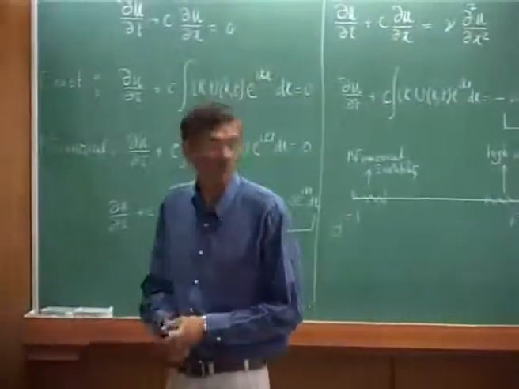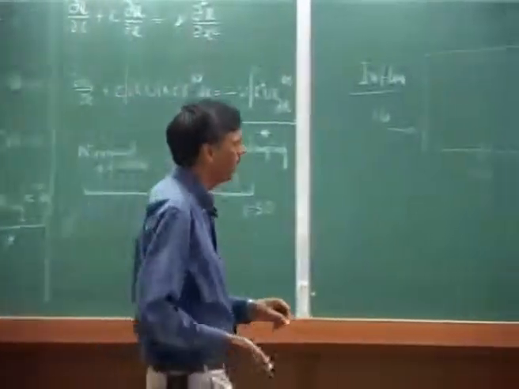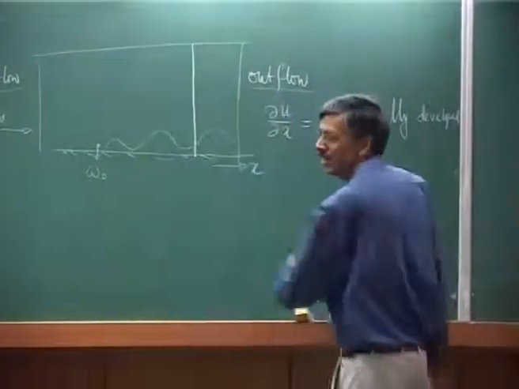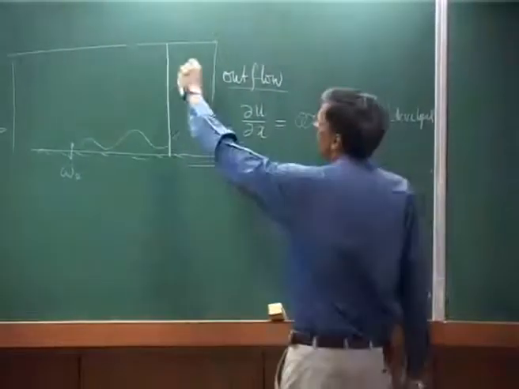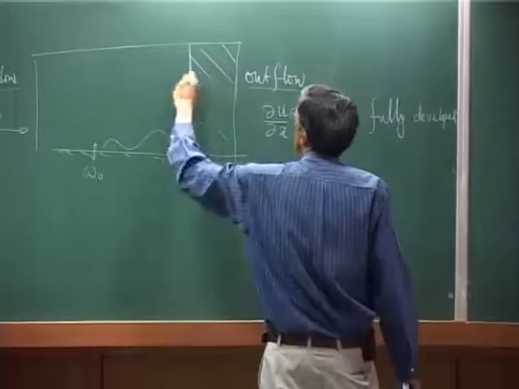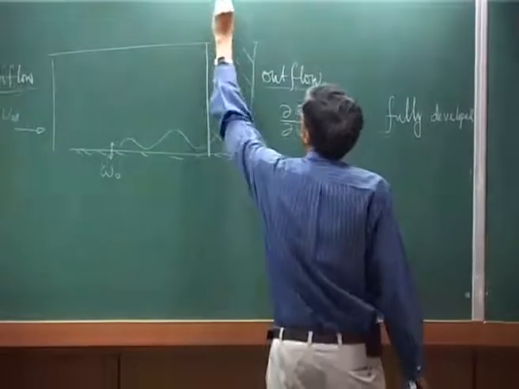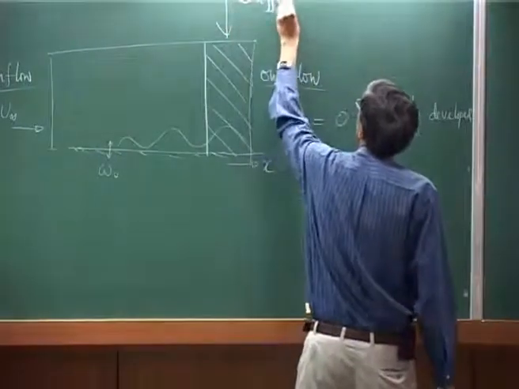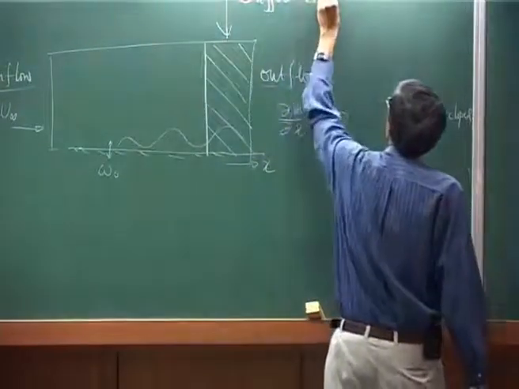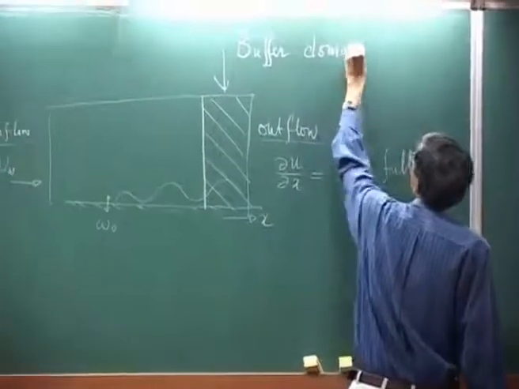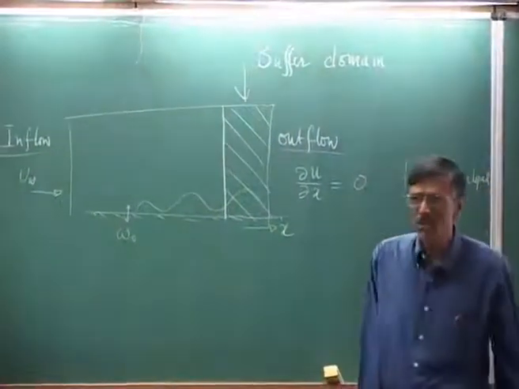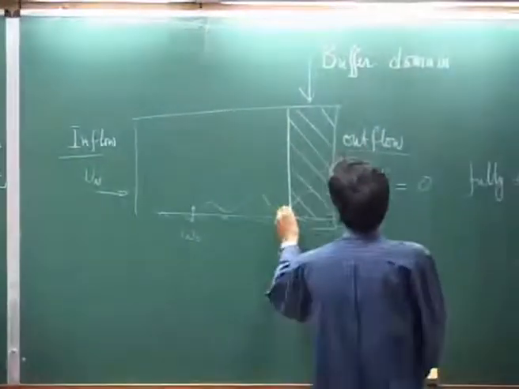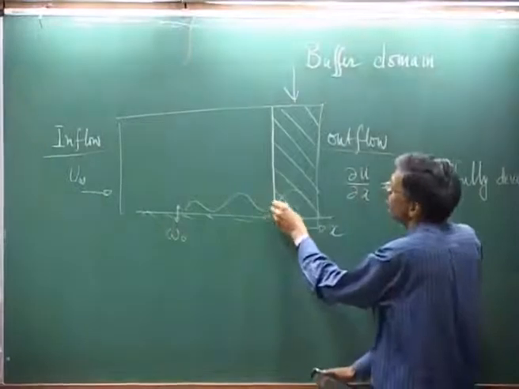Now, what do you do? What people have found out is that you can create a layer of the flow field, introduce a buffer domain. What we are actually doing in the buffer domain is that whatever disturbances are coming in here will not be allowed to grow.